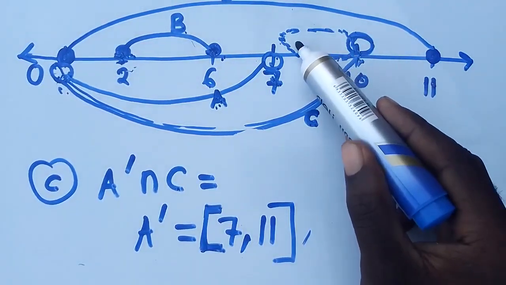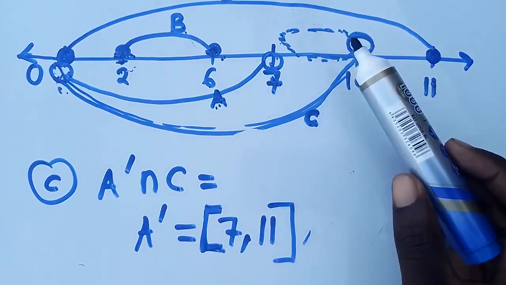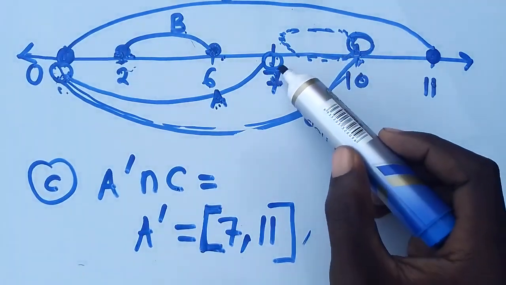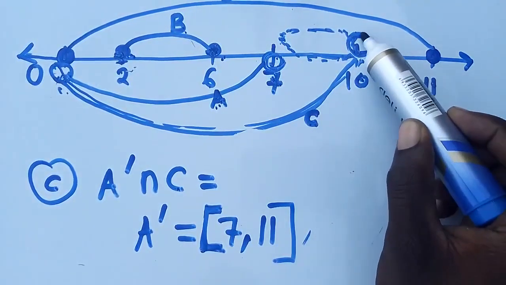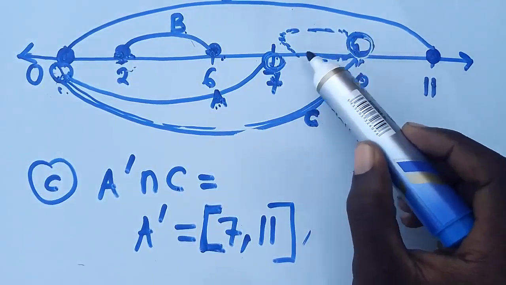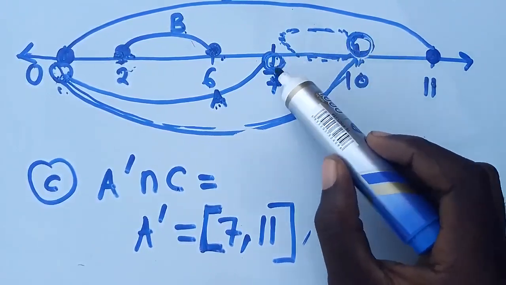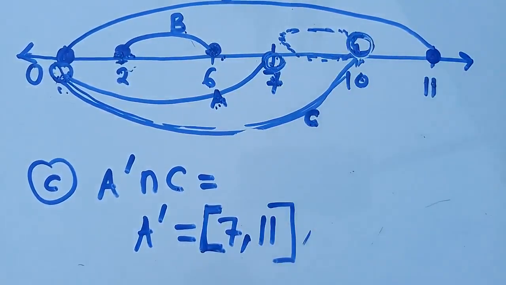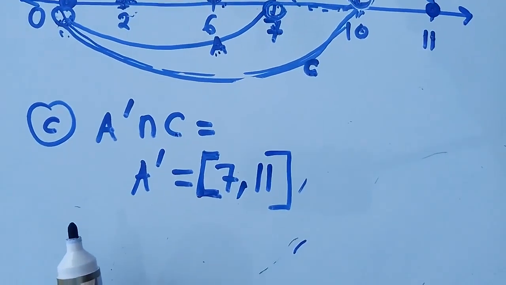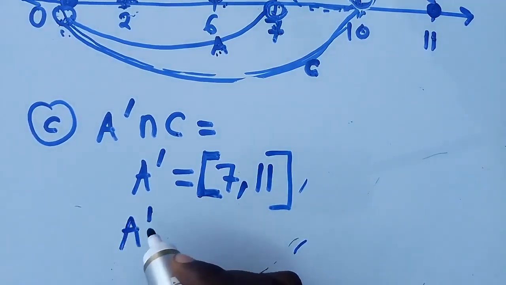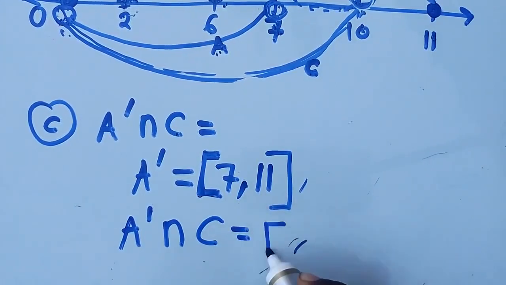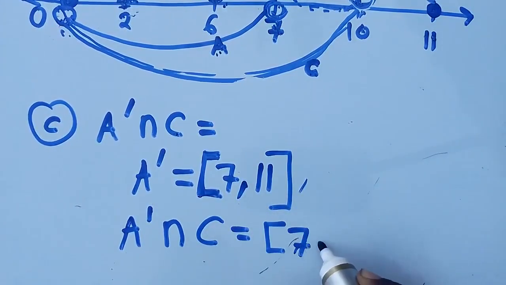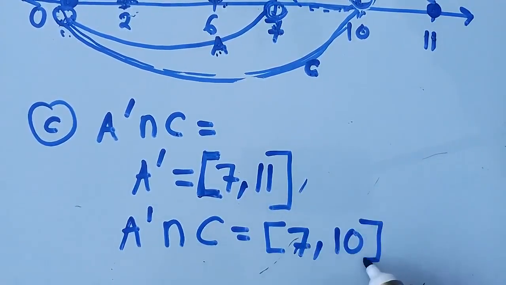This one is not included. Even this one here is not included. So on our answers, these two are going to be included. This means that A complement intersection C is equal to 7 to 10, with 10 included.